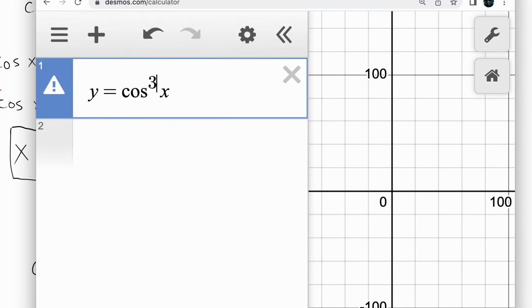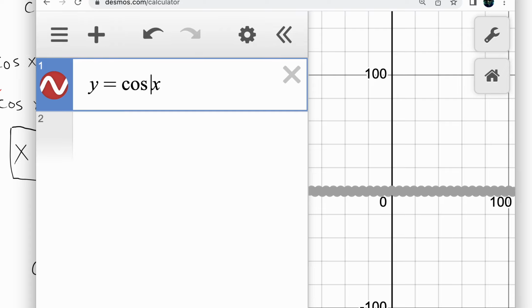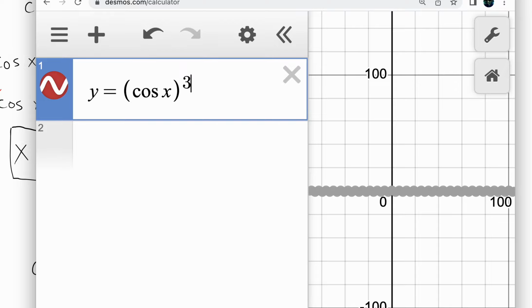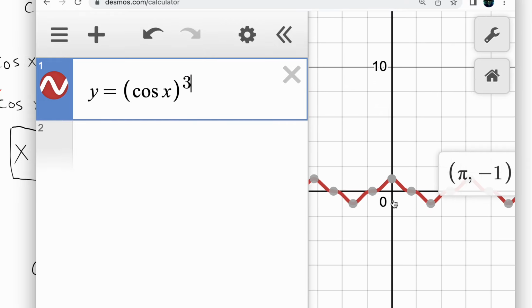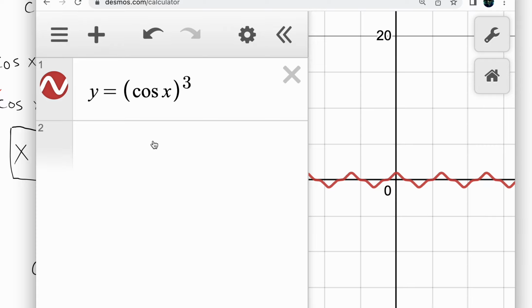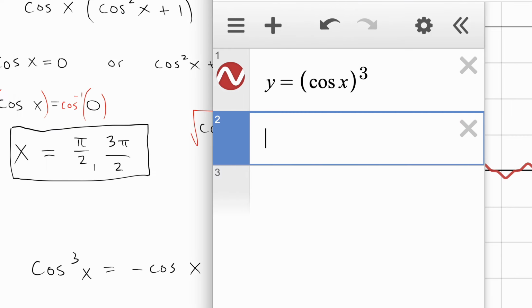Looks like Desmos doesn't understand that, so try it like this. Okay. There's cosine cubed of x. And then from the right side, we could do negative cos x.